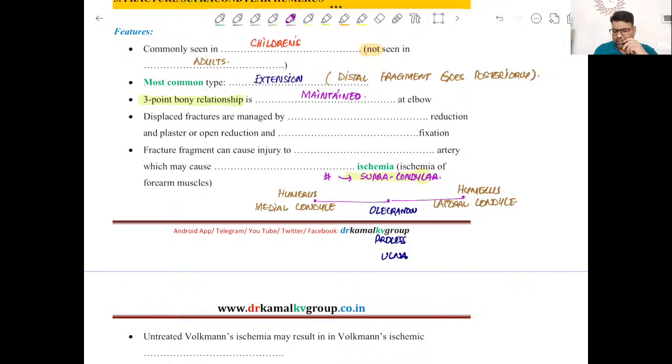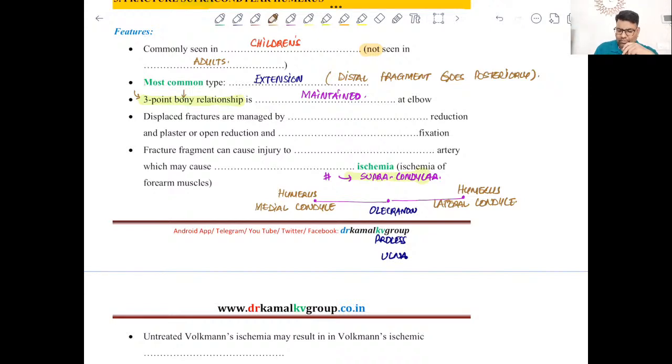And needless to say, if there is any fracture of medial condyle or lateral condyle or fracture dislocation of elbow, again this bony relationship will be damaged, will be disturbed, right? So in that case you will say that the 3-point bony relationship is disturbed, right? So I think this concept is quite easy if you know what are the three bony points which are considered in this concept, right?